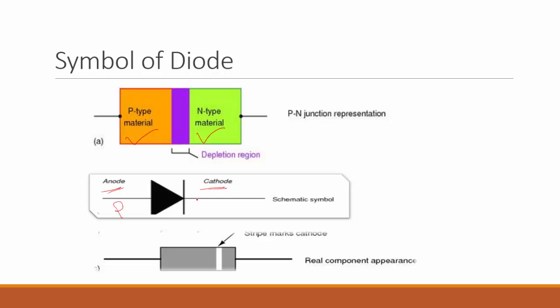That means this will be the p-type and this will be the n-type. In the physical component, the small silver strip mark indicates the cathode, and the other end is the anode. So this is the symbolic and schematic representation of a p-n diode.